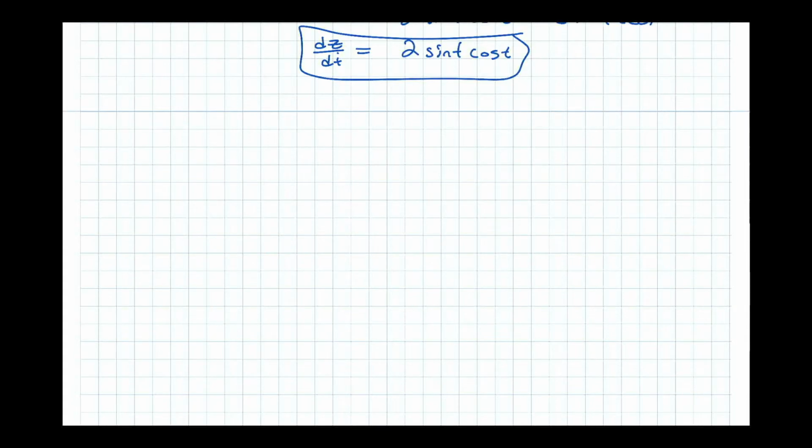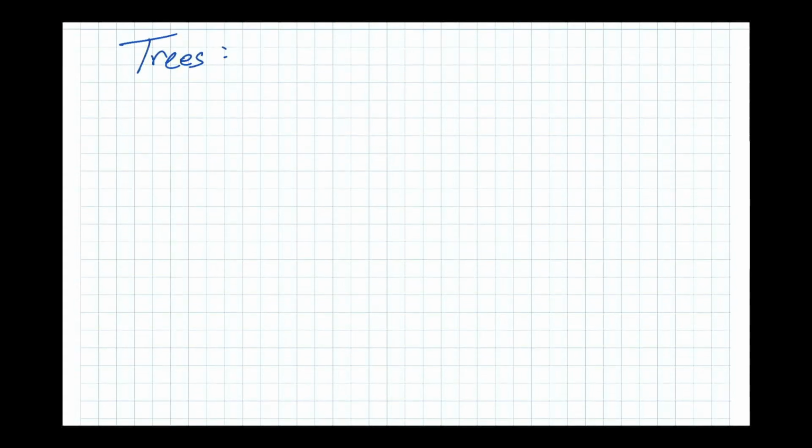Okay, so let's look at what we call the tree method here, or just trees. So if you have a function of a couple of variables, which are also functions of a couple of variables, and you want to know what the formula is to find the derivative, you'll use a tree. Of a couple of variables.